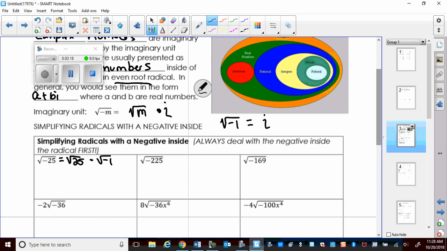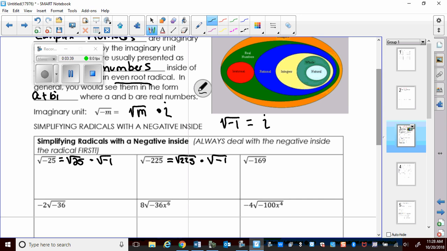And I'm not going to solve anything just yet. I want you to break these things apart. Inside equals the square root of 225 times the square root of negative 1. And we're just going to do those two. I want you to put it all together with the third one.